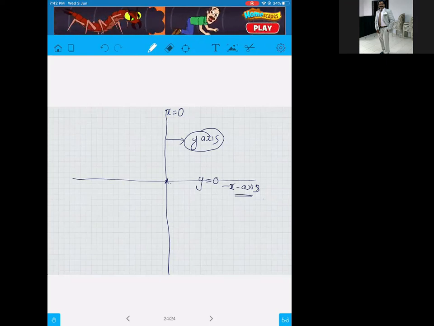As a quick review, how are we drawing a graph? For any kind of graph, we have to first consider a table. We make a table and arbitrarily take some values of x. If they are specifically giving some values of x, we have to take those. If they are not giving any value of x, we can assume some values.